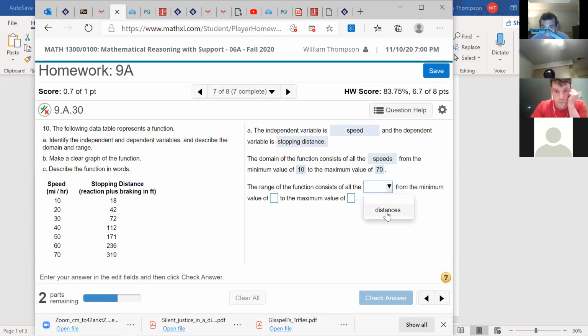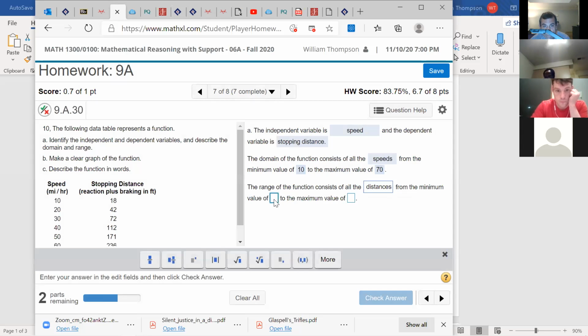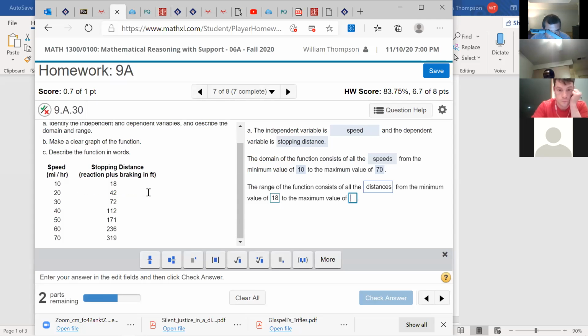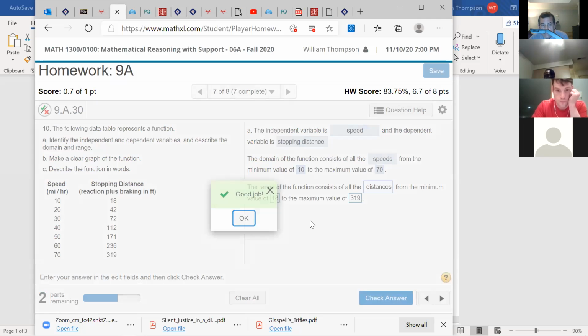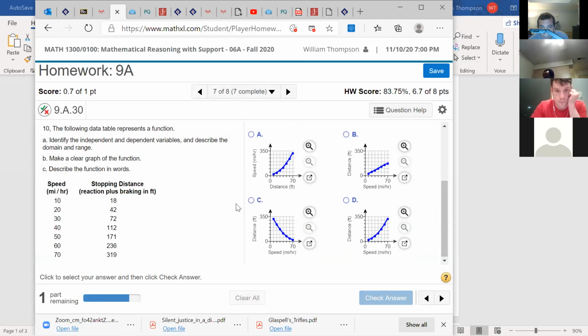The range, definitely, distances. Yeah, there you go. Okay. Now remember, ours is going to increase as our speeds increase.